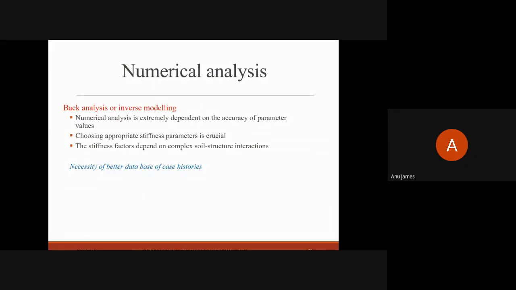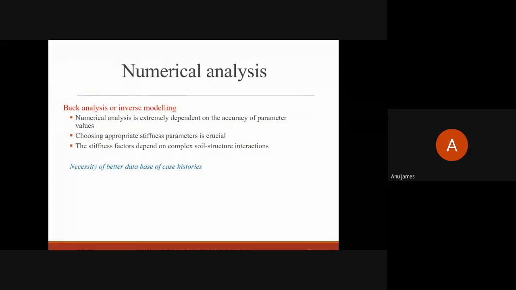So we need to have a better database of excavation case histories. If such case histories or prior data are not available, we can use the field measurements from the initial excavation stages to check our model accuracy and continue with further excavation.